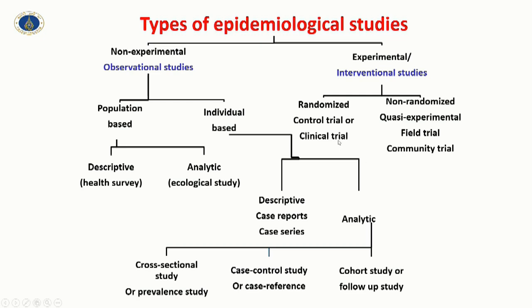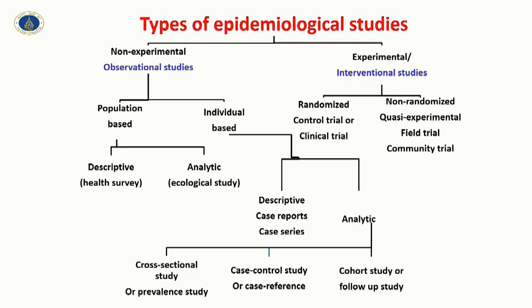It is very popular in the medical field because people think it is a real standard and the result of this trial is reliable. It is useful for making use of clinical research in daily life and hospital care. And less standard ones we call quasi-experimental, field trial, or community trial.